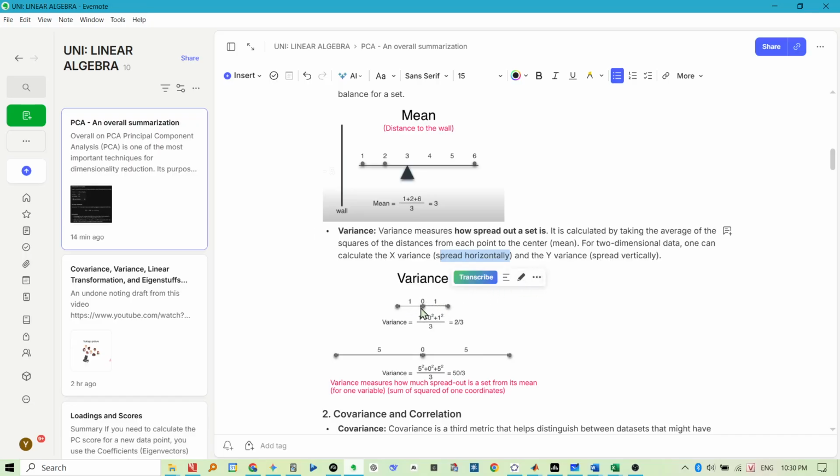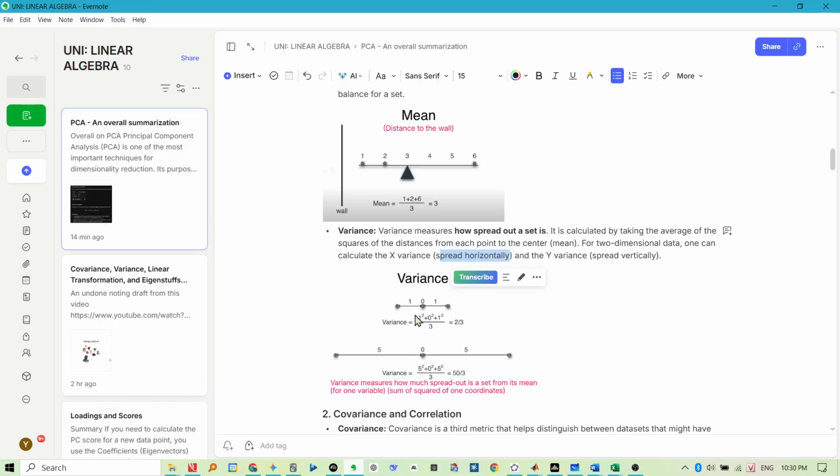So here is our mean, and we will have the weights arranged and lined up side by side with the mean weight right here. We'll calculate the distance from each weight to the mean, and then we will square them.